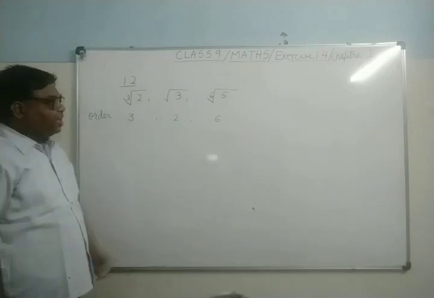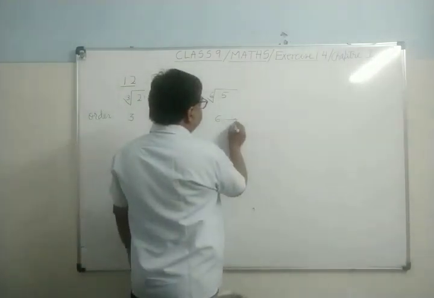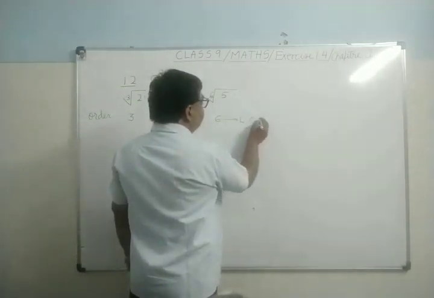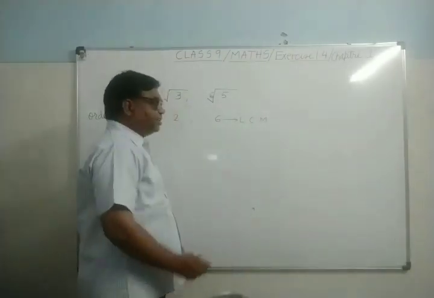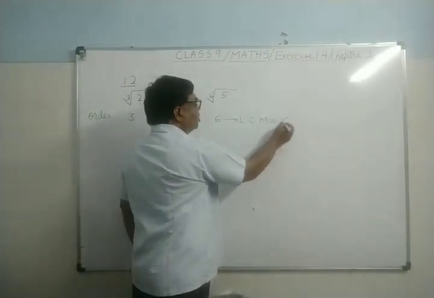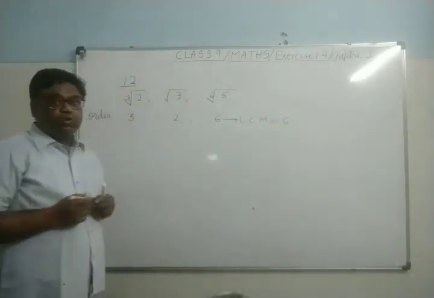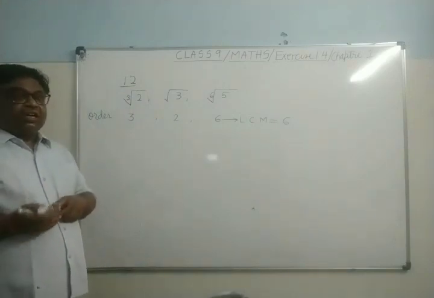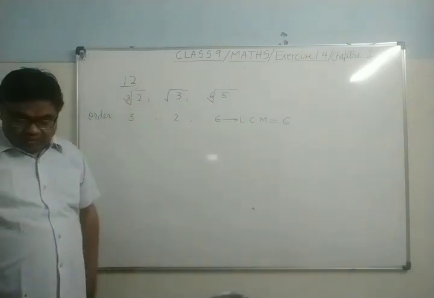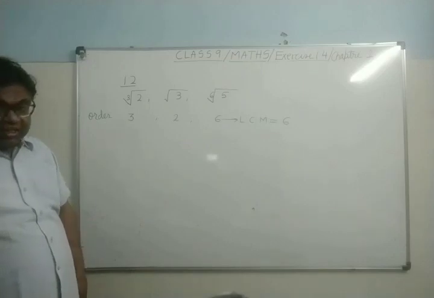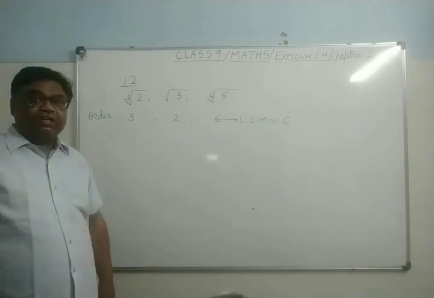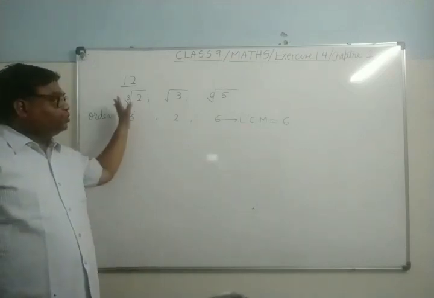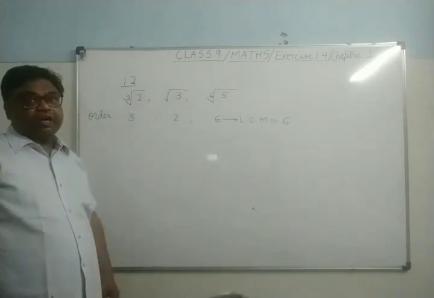What is the LCM of these orders? LCM of 2, 3 and 6. So it is equal to 6. Now you have to arrange them in ascending order, meaning from smaller to bigger. So first you change them to the same order.